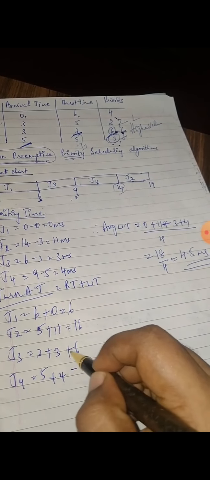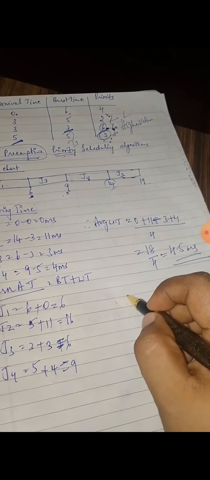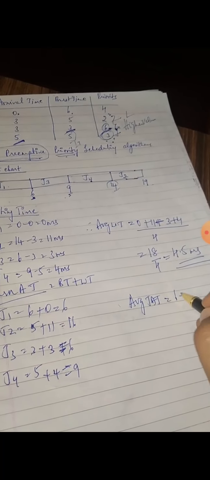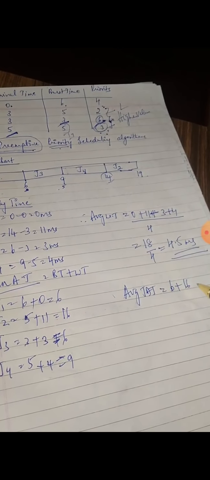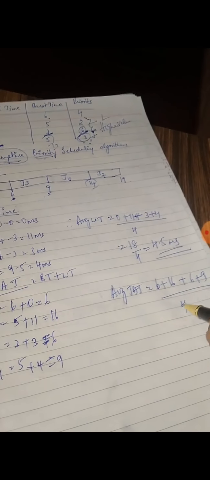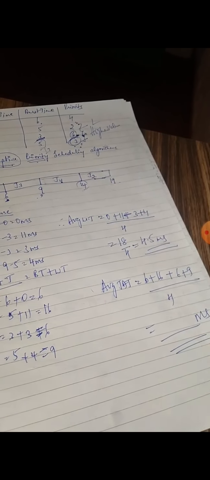So you get average turnaround time as 6 plus 16 plus 6 plus 9 divided by 4. Okay, those many milliseconds calculated.